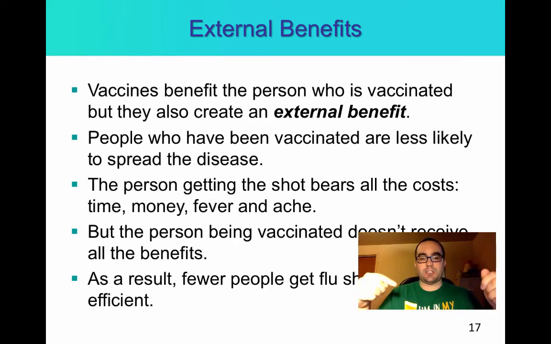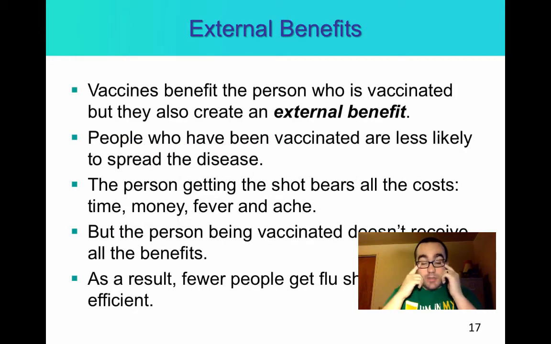So the person who gets the shot is going to have to pay for it. They're going to get the fever, any aches that are involved, but they don't get all the benefits. So what happens? You find that people don't tend to go get as many flu shots or vaccines as they should because they don't get all the benefits.